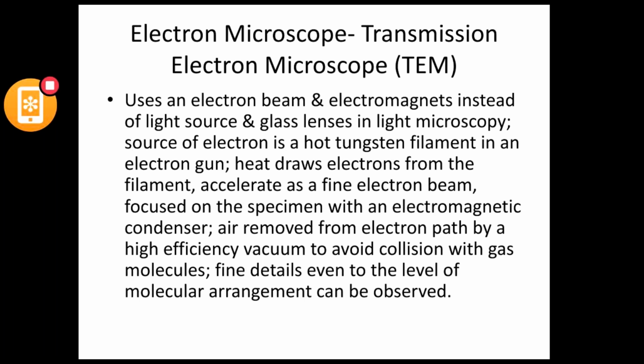Instead of a normal condenser lens, we use an electromagnetic condenser. Instead of a light source, we use an electron beam. Instead of glass lenses like the ocular and objective lenses, we use electromagnets. All those things are the differences.